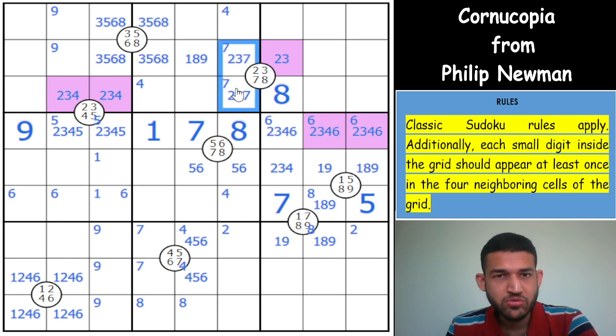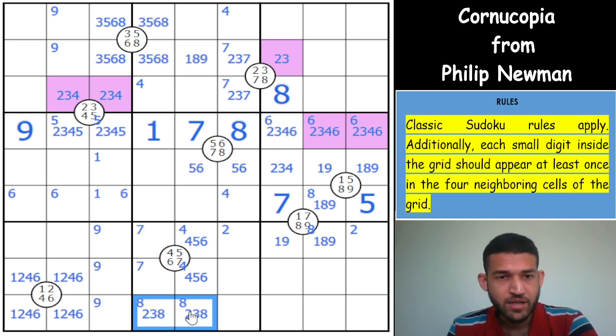So look at these 2 cells. You must have one of either 2 or 3 here, and doesn't matter which one. And if you have a 2 here, it gets stuck into these 2 cells, and if you have a 3 here, it again gets stuck into these 2 cells. So which means that this must be a 2 3 8 pair, 2 3 8 candidate only. Nothing else can go there because of 2 and 3 being here.